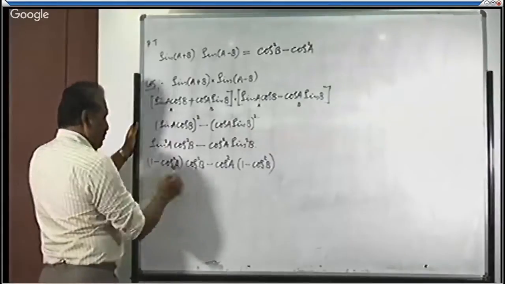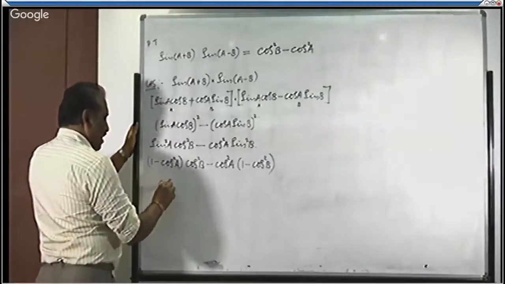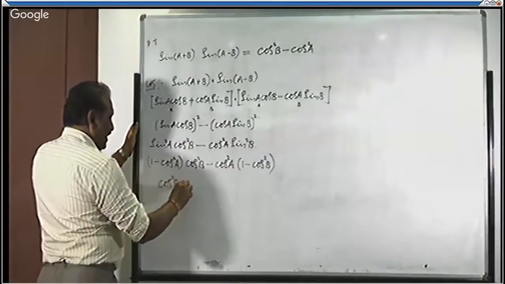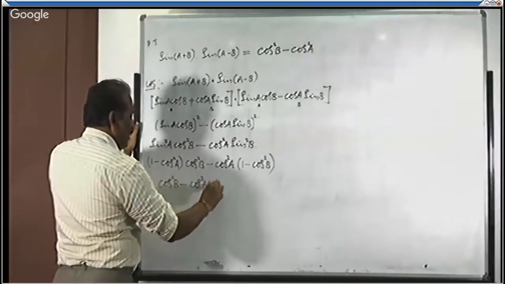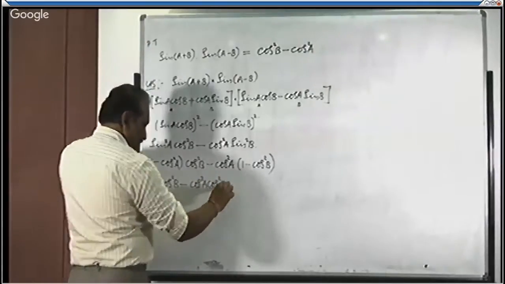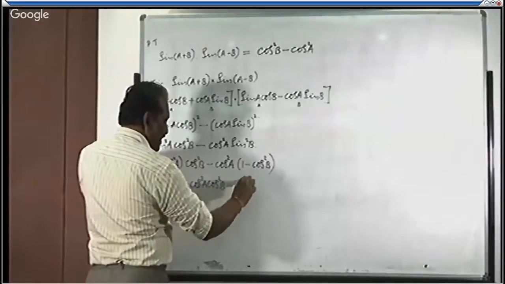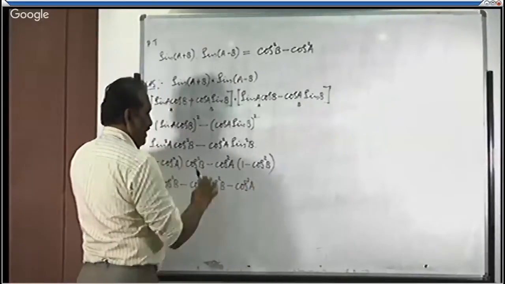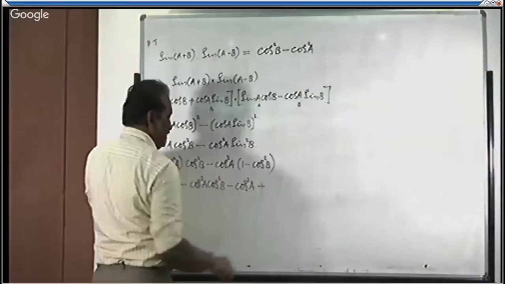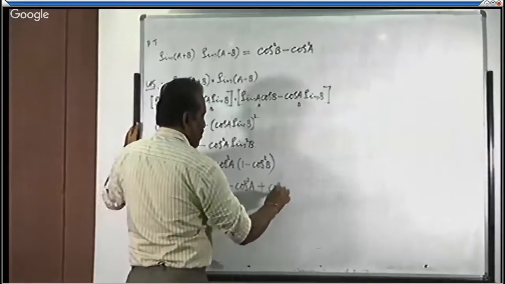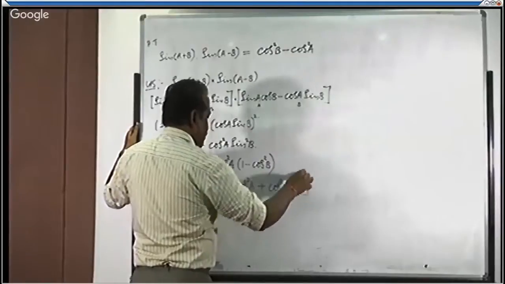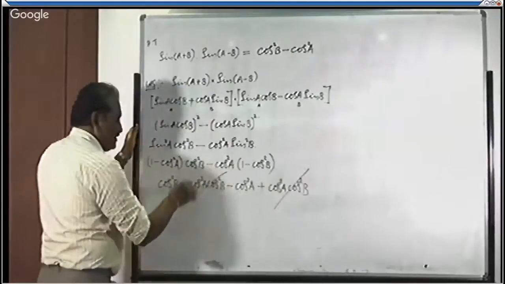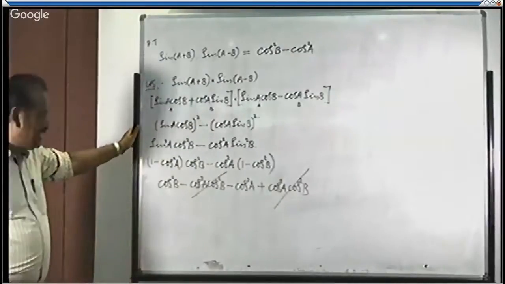Now cos square B into 1, it is cos square B minus cos square A cos square B, minus cos square A into 1, it is cos square A, minus into minus it is plus, it is cos square A cos square B. Now these are the same quantities with opposite sign, gets cancelled each other.